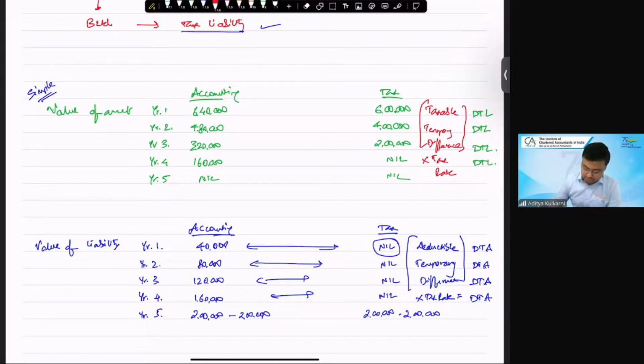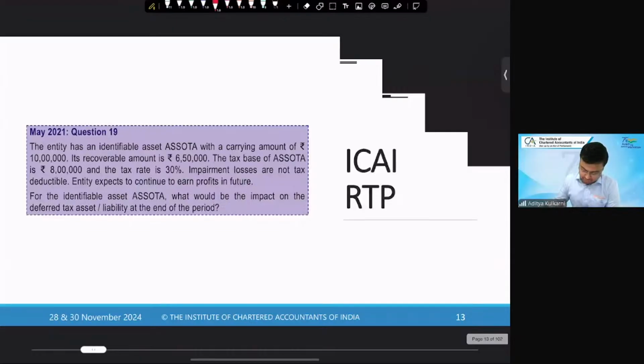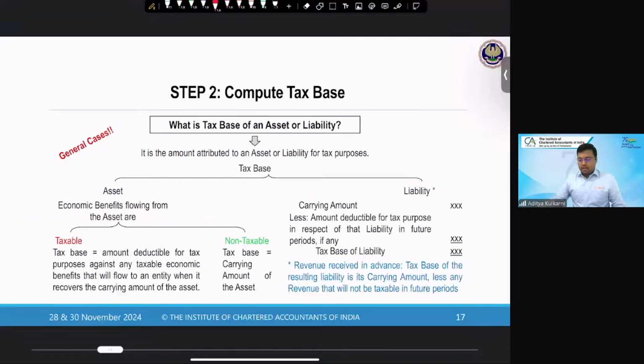Now, let me just check. See, the definition of tax base for an asset or a liability is not simple to understand.